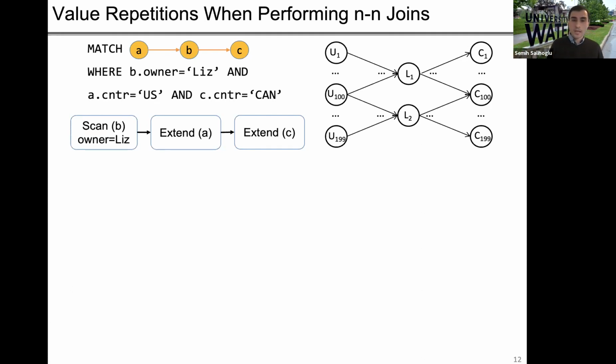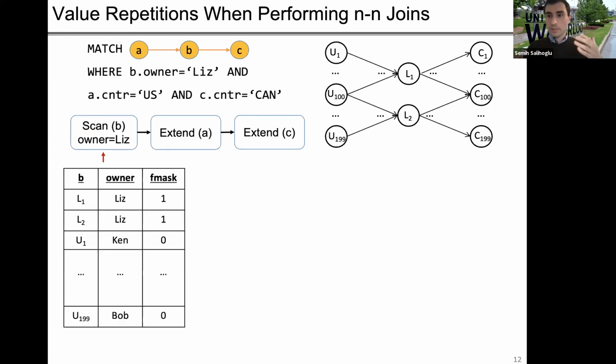and Canada, right? And here's a very simple plan from, say, GraphflowDB or Neo4j. It's going to look very similar to this, where we'll scan the B nodes to find the accounts owned by Liz, and extend is the join operator in graph database management systems that will use the adjacency list index to extend, in this case, B tuples to AB tuples and AB tuples to ABC tuples. Okay.